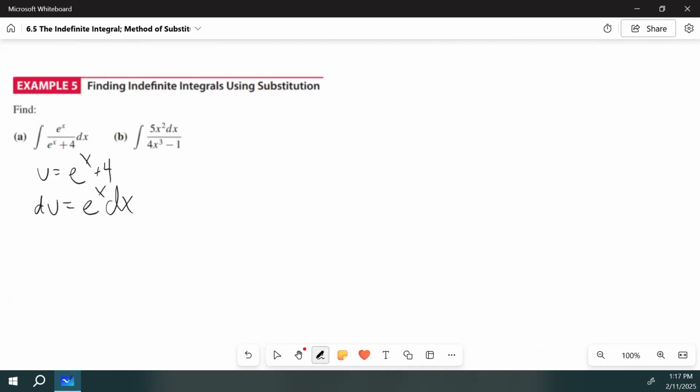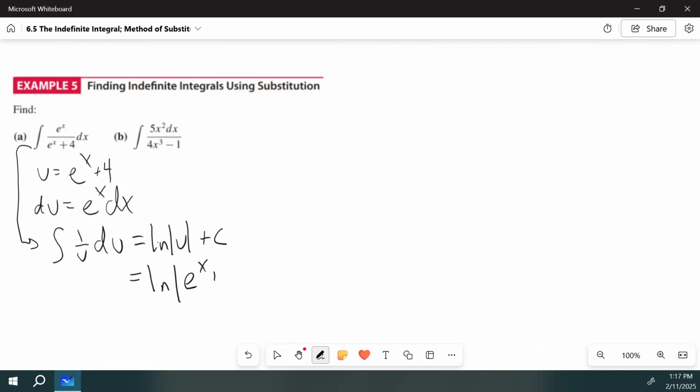And so we can substitute and get integral of 1 over u du. Now 1 over u, the antiderivative is natural log absolute value of u plus c, and that's going to be natural log absolute value of e to the x plus 4 plus c.